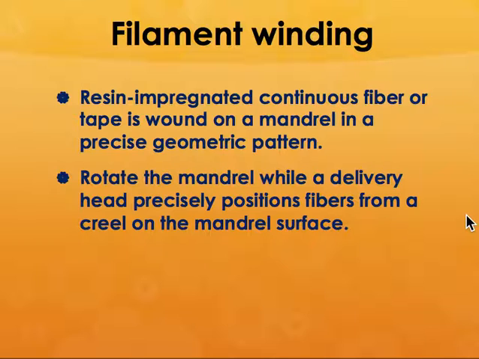You rotate that mandrel just like a lathe. Okay, you rig up a lathe. It's a glorified lathe that you use as the main mechanism for making the composite parts. So if you want to make tanks and things like that, this is a very standard process that is used for that.